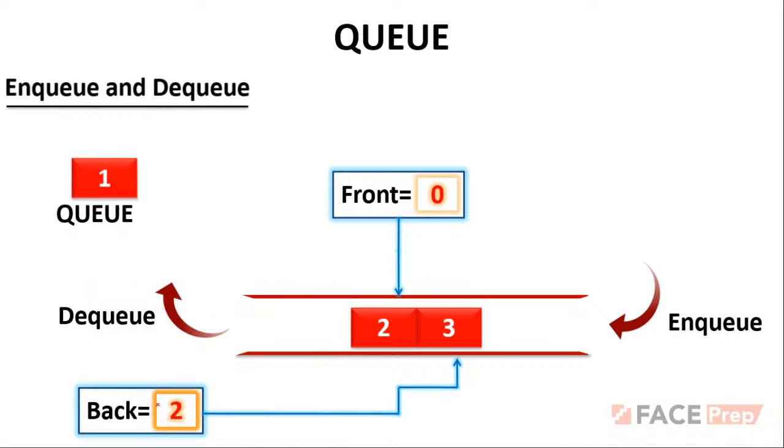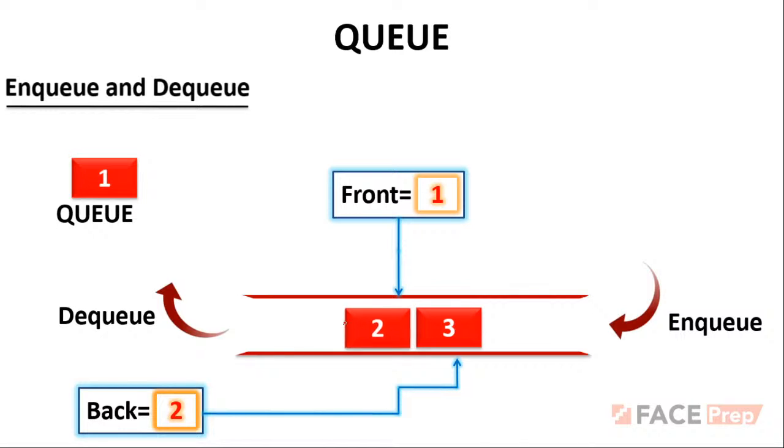Now listen carefully. Whenever you are deleting an element from the queue, the front value will be getting incremented. Before deleting 1, the value of front is equal to 0. Now when I delete my first element of the queue, the front value is incremented by 1. Now let me delete one more element, the second element.